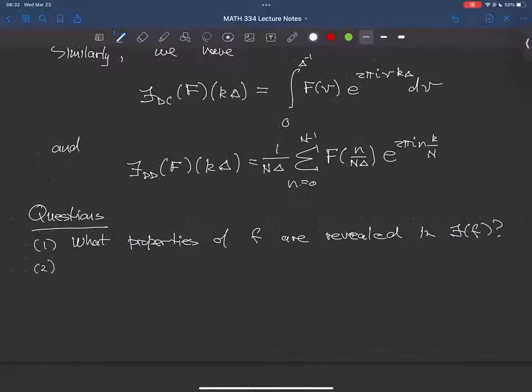And the next question is, are the Fourier transforms invertible?